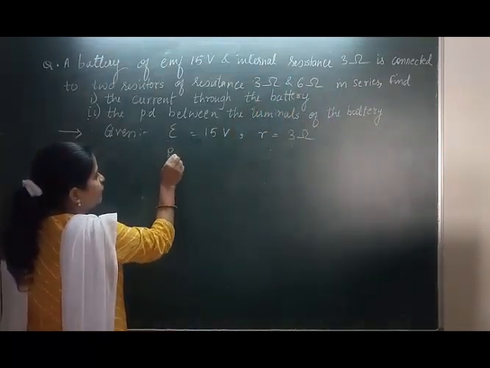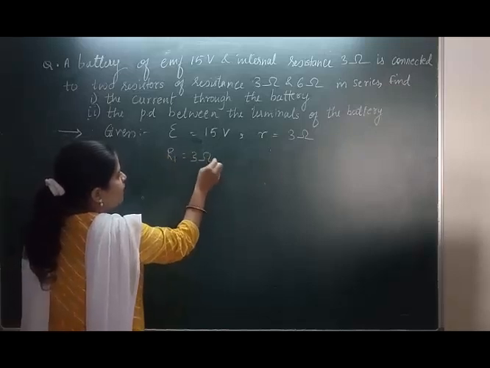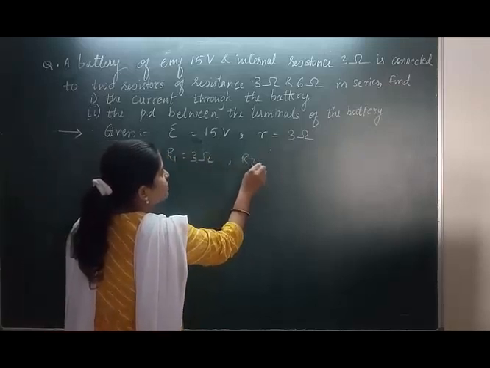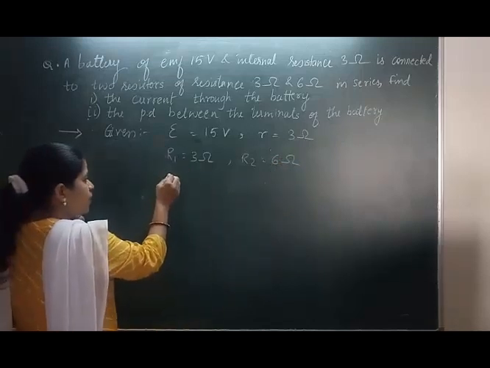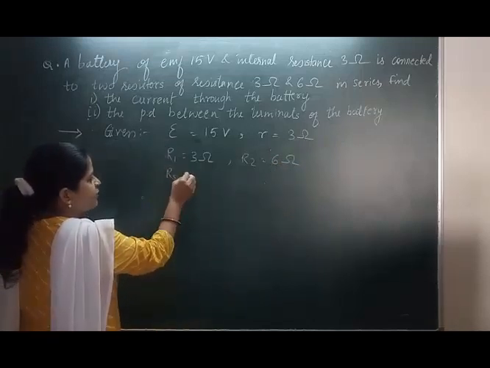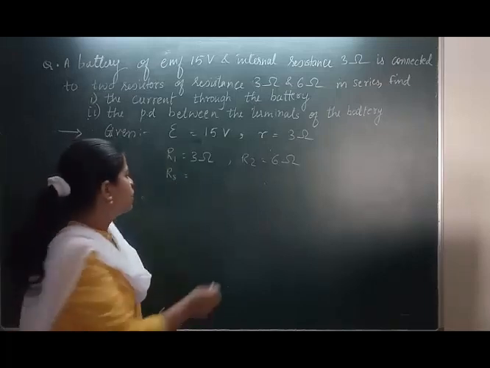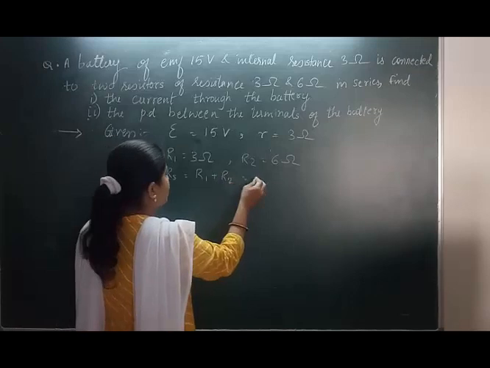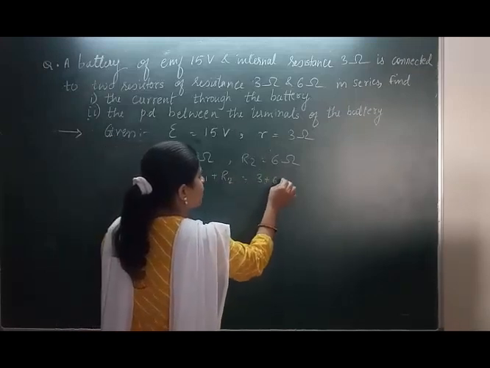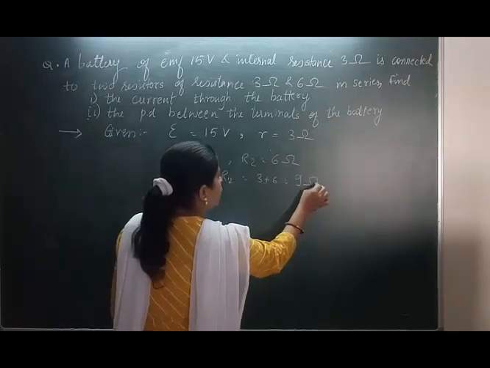Write down R1 as 3 ohm and R2 as 6 ohm. So if it is in series, then we have the sum of resistance, that is R1 plus R2. So we get 3 ohm plus 6 ohm, which is equal to 9 ohm.